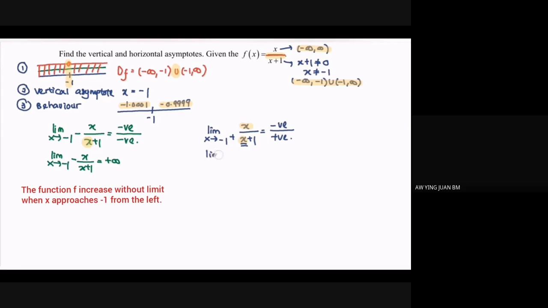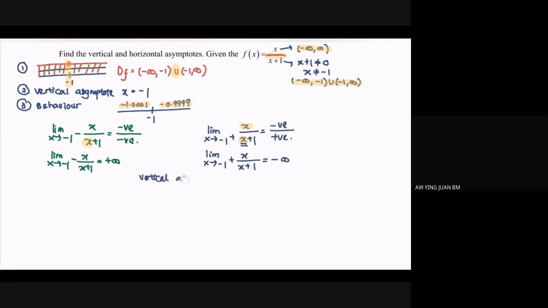So limit when x approaching negative 1 from the right for the function x over x plus 1, we will obtain negative infinity, meaning that the function f decreases without limit when x approaches negative 1 from the right. So as a conclusion, we write down that the vertical asymptote is x equals negative 1. That will be the third step.